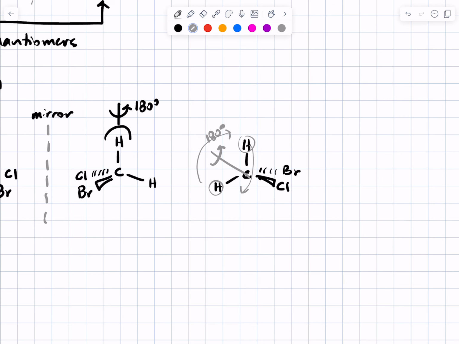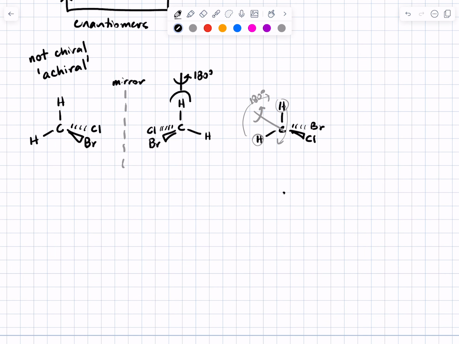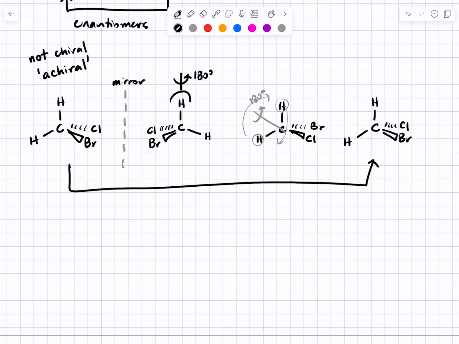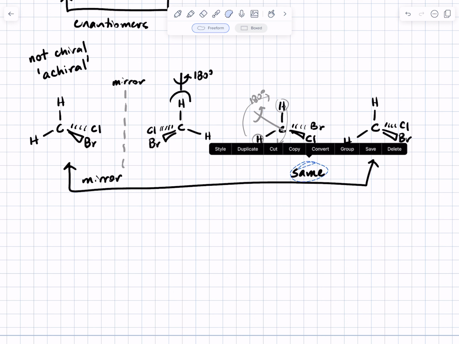Okay? If we do that, that will switch the places of the Br and the Cl. And suddenly, we got the same thing. That convinces us that the two molecules are actually the same molecule.